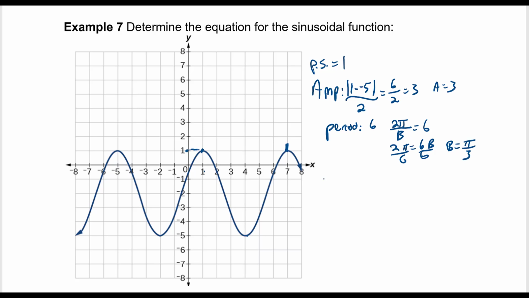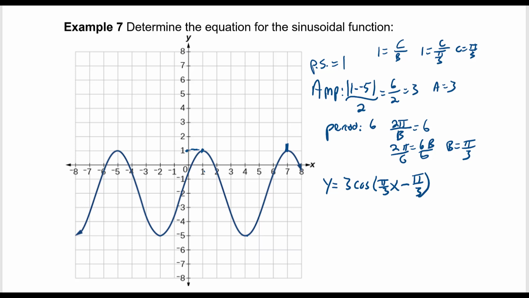So let me see what I have so far. Y equals 3 times cosine of pi over 3 x minus, so let's see what our c is going to be. Since the phase shift is 1, so 1 equals c over b, 1 equals c over pi over 3, so c must be pi over 3, minus pi over 3.